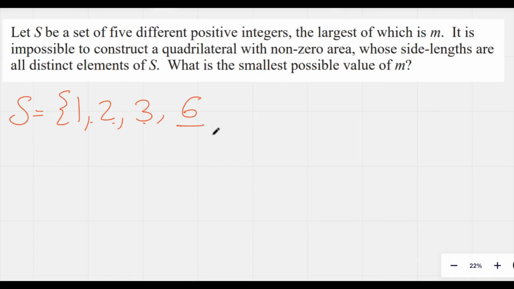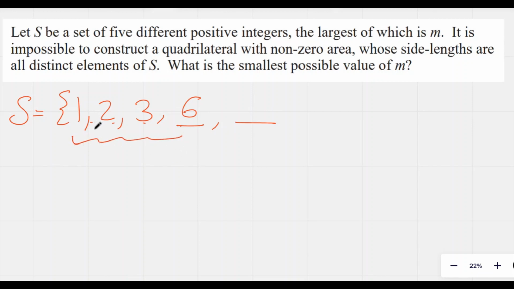So what I do is I now go and think about a 5th element. And I go, well, we're going to apply the quadrilateral inequality again. I want to not be able to construct a quadrilateral with a side length of whatever this number is, and then 3 other side lengths out of these 4 numbers here.